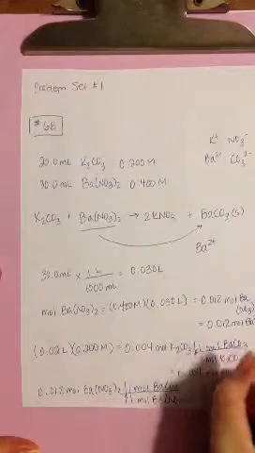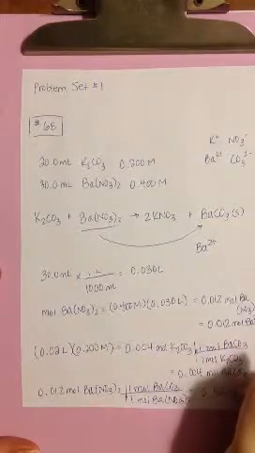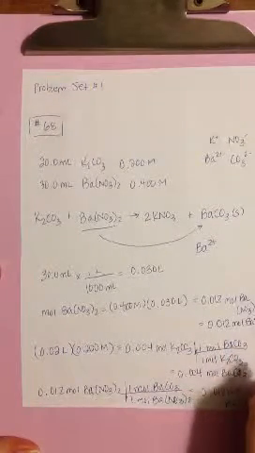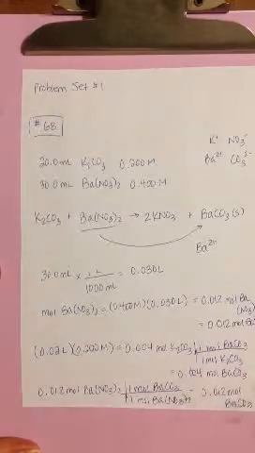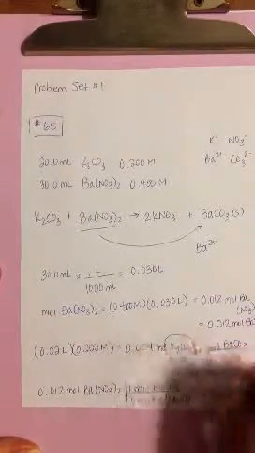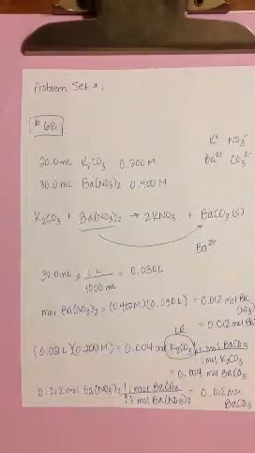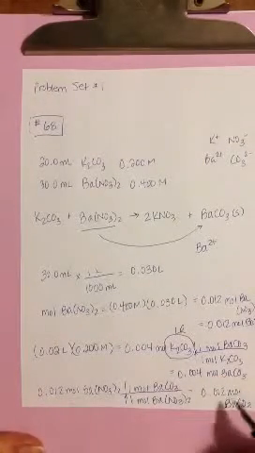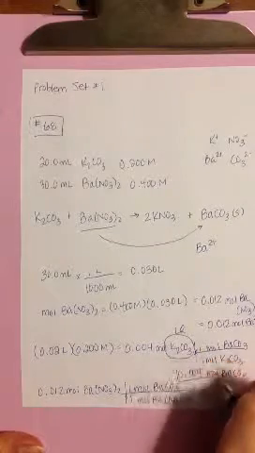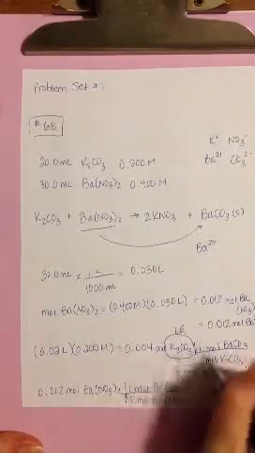So that means I make 0.012 moles of barium carbonate. Looking at this, I know my limiting reactant is the K2CO3 because it makes less barium carbonate. So that told me that this is how much barium carbonate I make.